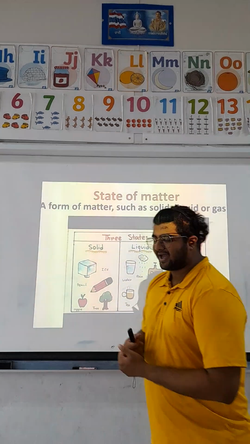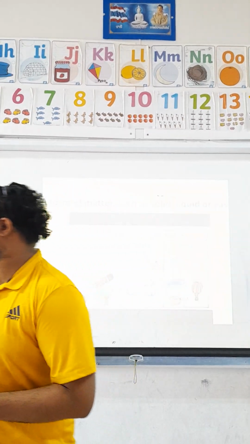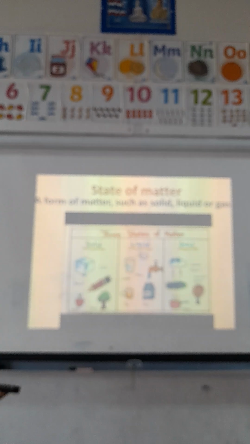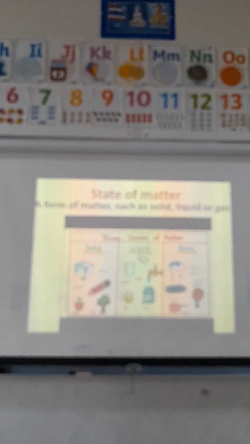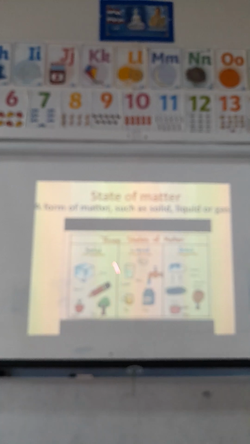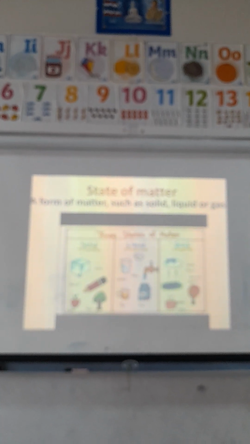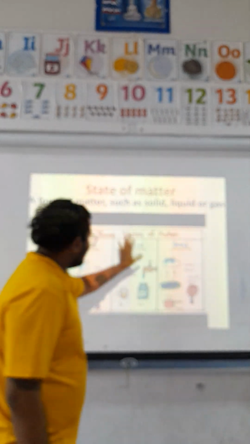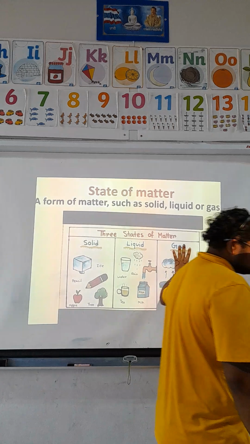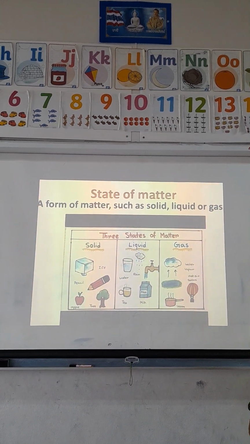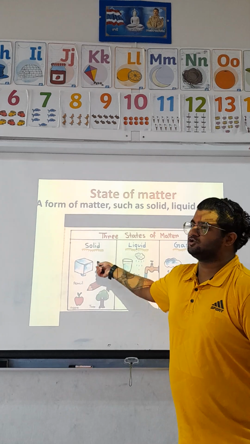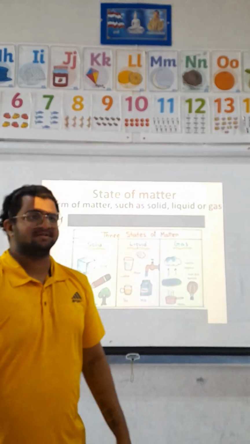Now, let's take a look at the different states of matter. And the different states of matter, as we said, are a solid, liquid, or a gas. Now, here's the three states of matter. Over here, these are examples of solids. Here are examples of liquids. And here are examples of gases. Now, I want you to name me two examples of solids.